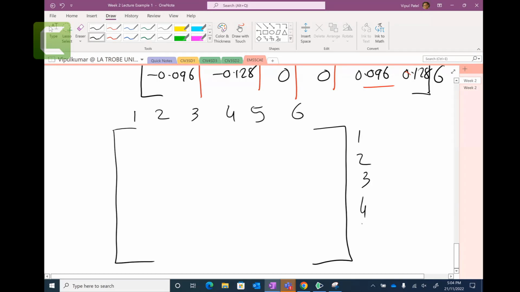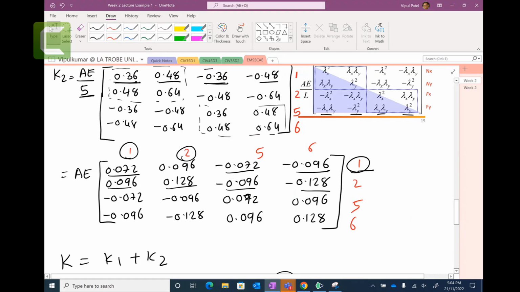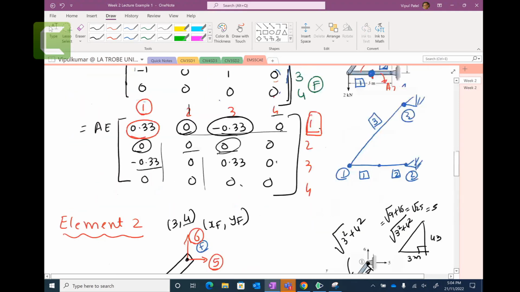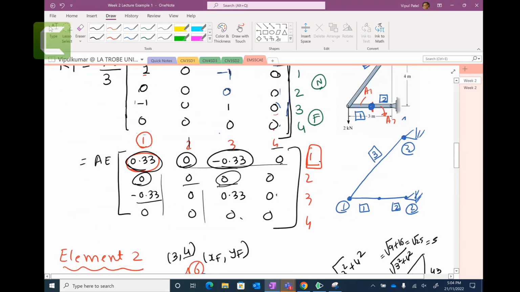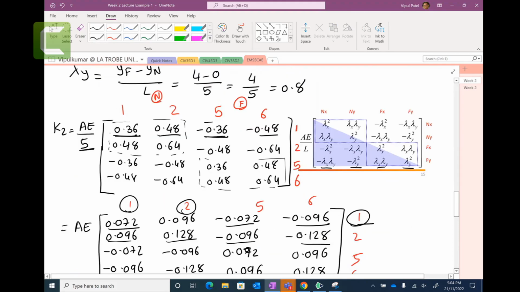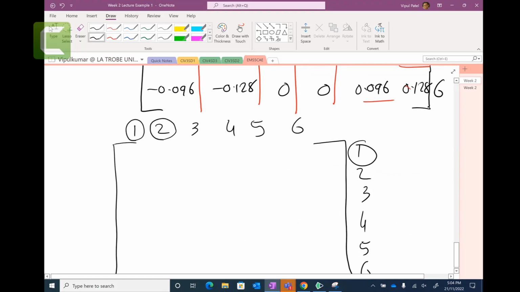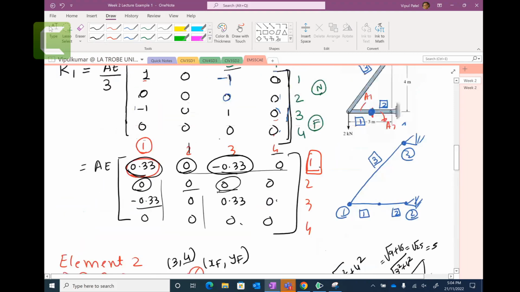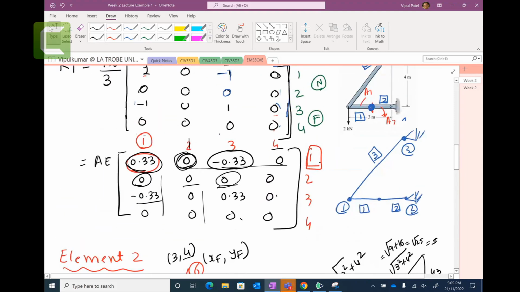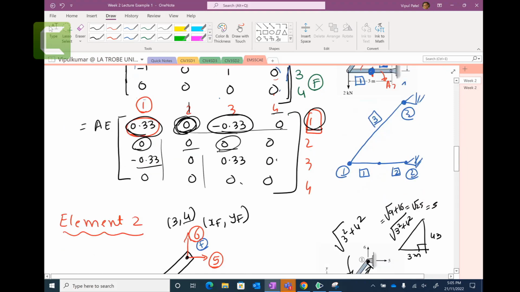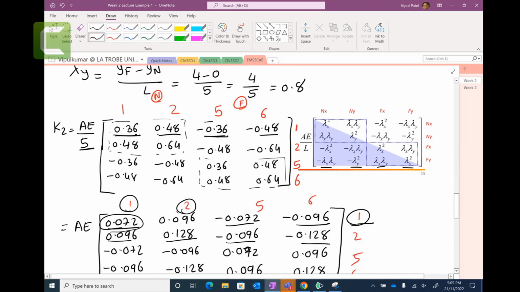Then I go to column 1, row 1, go to K1 and find out what is row 1 and column 1 number. Similarly, I go here and find row 1 and column 1 number, and I add them together. Then I go here, column 2, row 1, and then come back here, column 2, row 1, and I find these details and add them together.